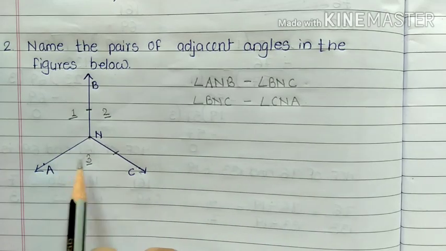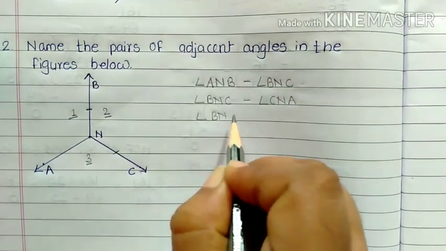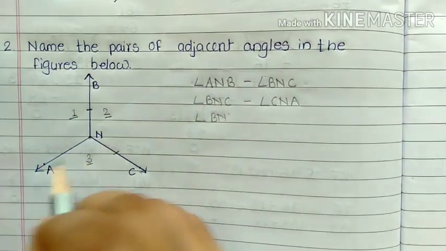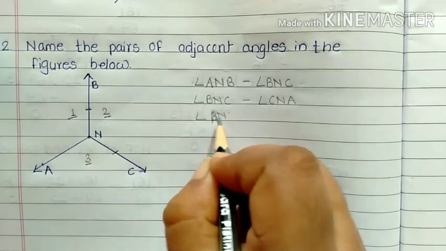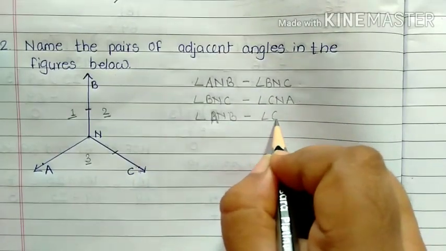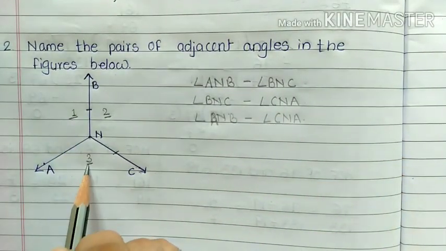So, it is a pair of adjacent angles. Now, I am finding one more pair. That is angle ANB, or BNA? First we have written A and B, so we will write the name as it is: angle ANB and angle CNA. First and 3rd angle.